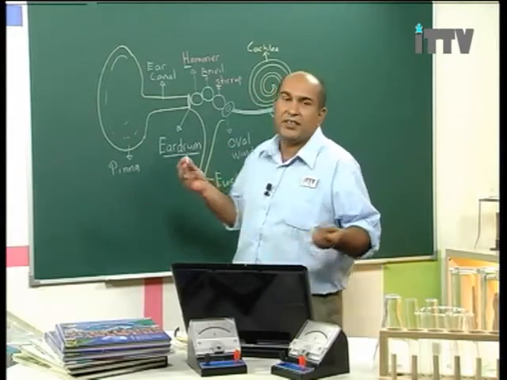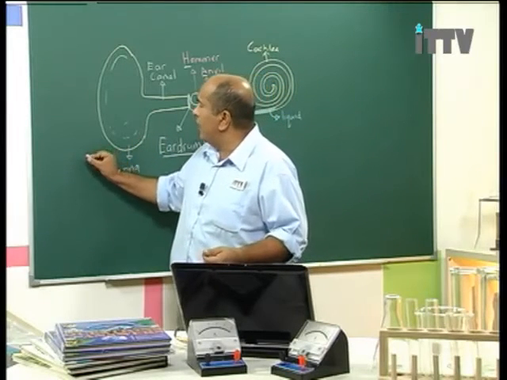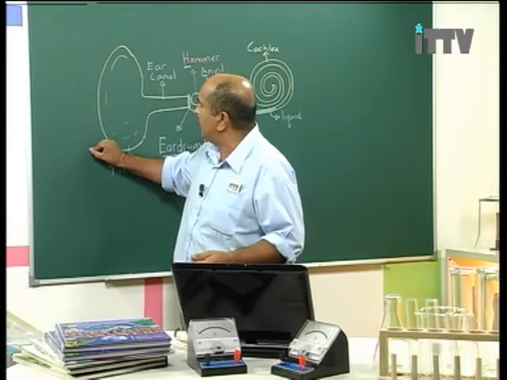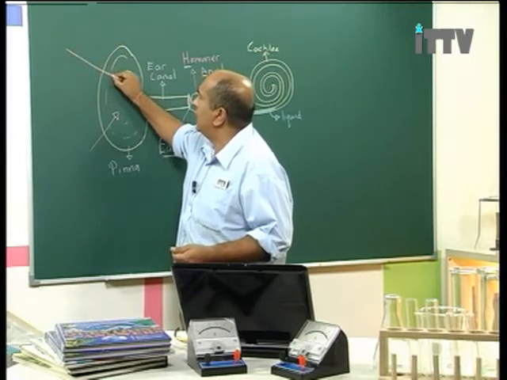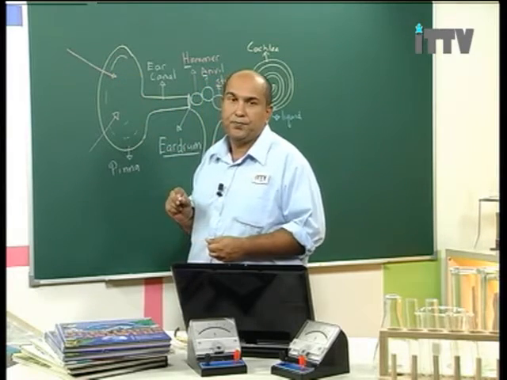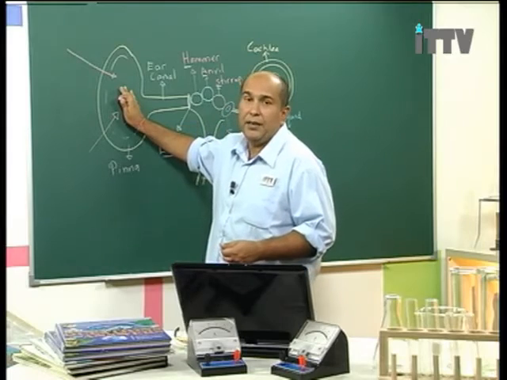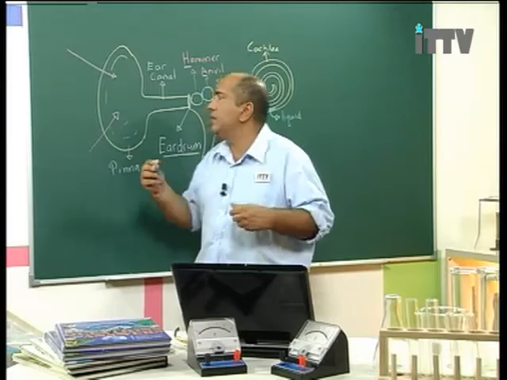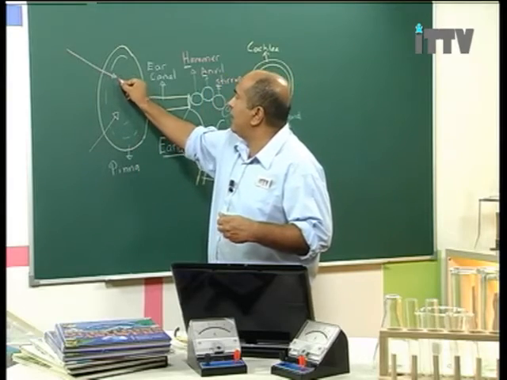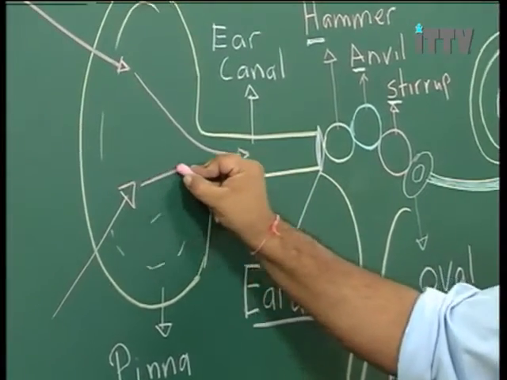Let's say that we have a sound and we have sound waves. The sound waves are approaching from, let's say, from over here, like so. When these sound waves reach the pinna, it will reflect them so that they enter into our ear canal.